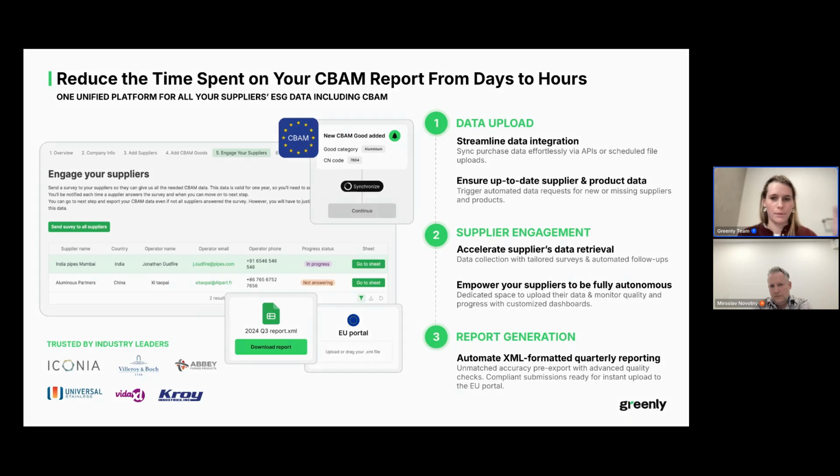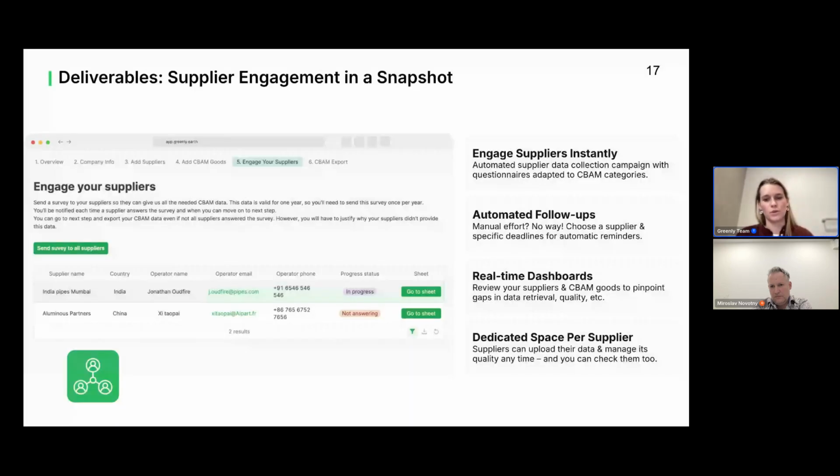I wanted to touch more specifically on supplier engagement, which is a real complexity for CBAM. It's important to note that a European importer must demonstrate that they have made many reasonable efforts to collect all the required data. For each country in Europe, CBAM is enforced its own way by the local CBAM authority.